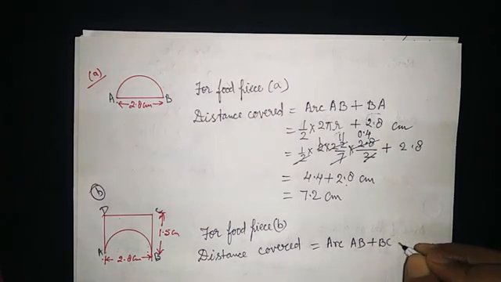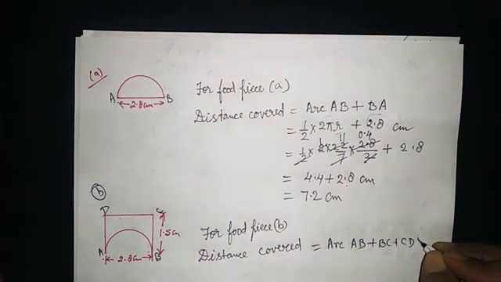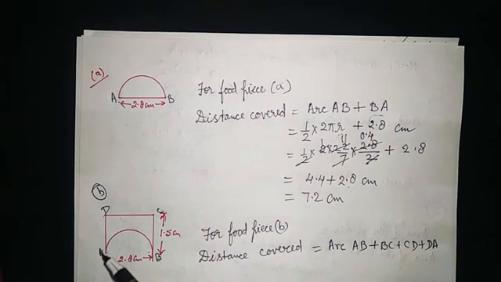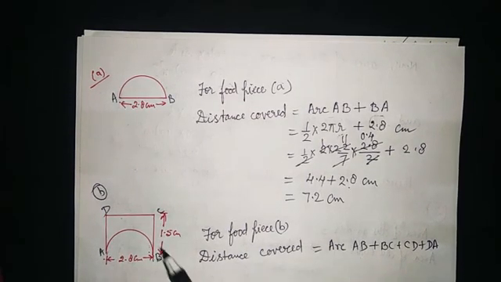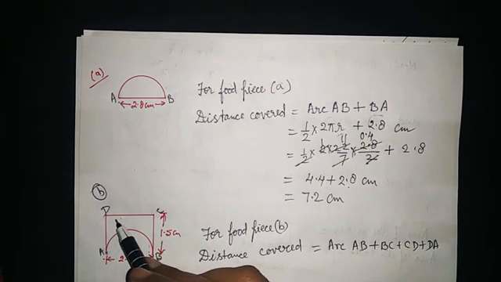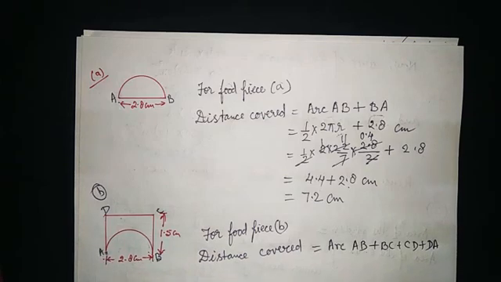Clear? The ant starts from this point like this, here and here, and she reaches this point A. Okay, so here we will write arc AB plus distance BC plus CD plus DA.